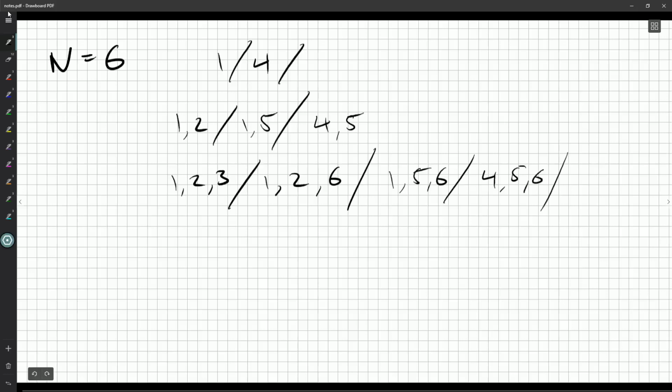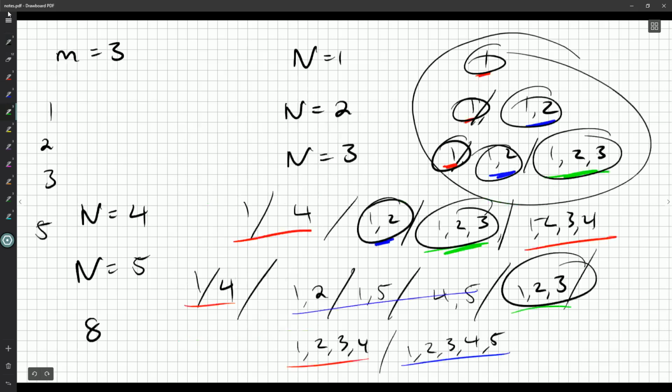And then length 4, you can have 1, 2, 3, 4. That's it. You're sort of forced to have that. Length 5, again, you're sort of forced with that. And length 6, you're forced with this. So 1, 2, 3, 4, 5.